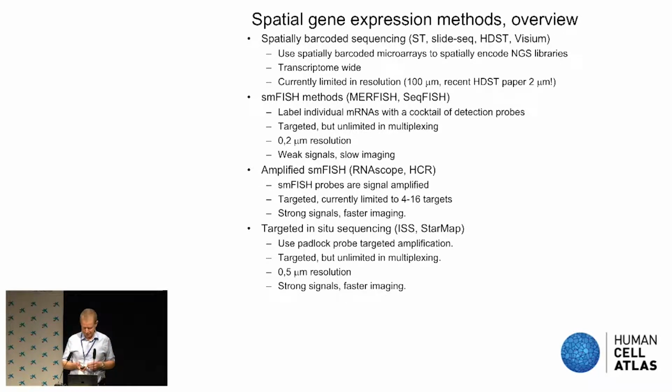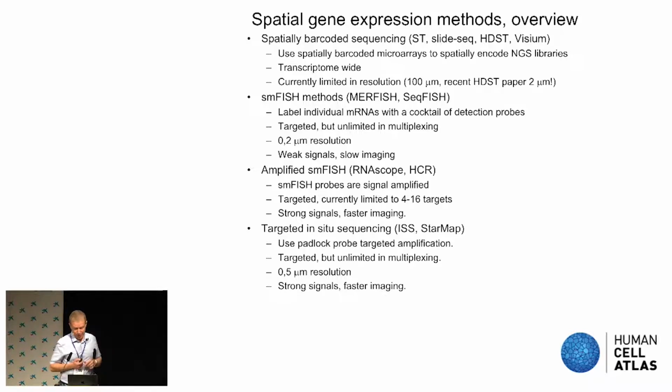You can multiplex this as far as you like. It has very high resolution. It's as good as optical microscopy gets, and a little bit better than that even. But it generates generally weak signals, so that means you have to have high-end optics, making imaging somewhat slow.